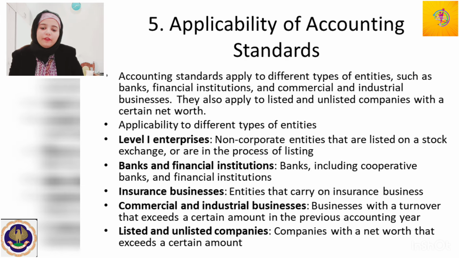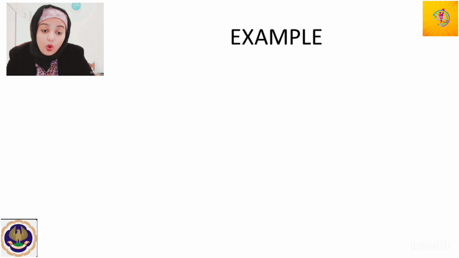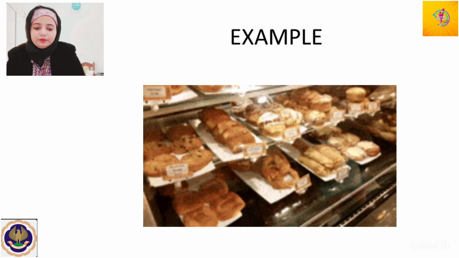Now move to the fifth point, that is applicability of accounting standards. Accounting standards apply differently based upon the type and size of business. For smaller businesses, some standards might not be applicable, but larger companies must comply with all relevant standards.